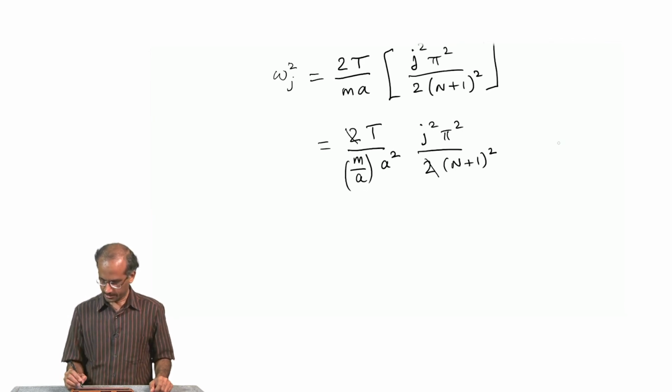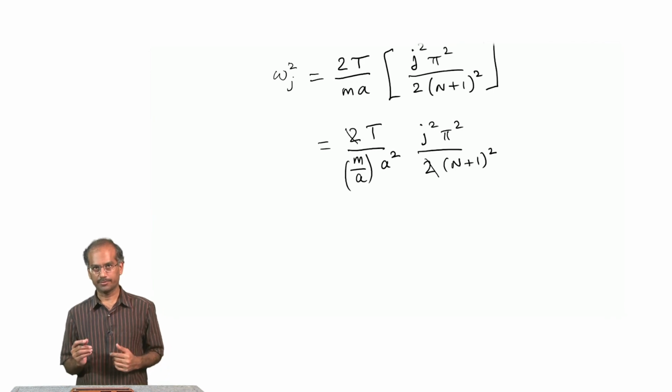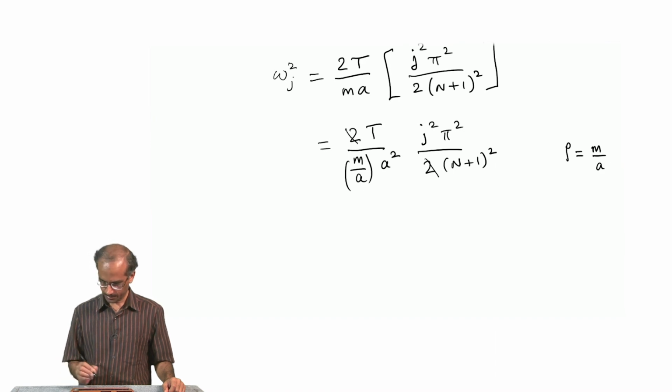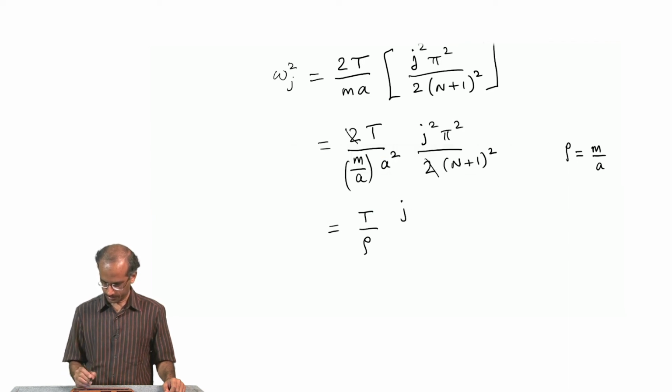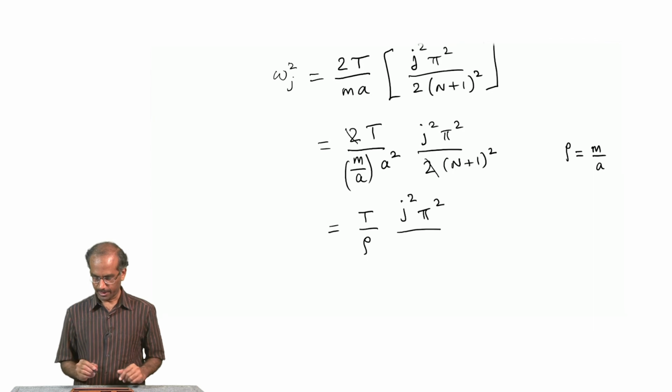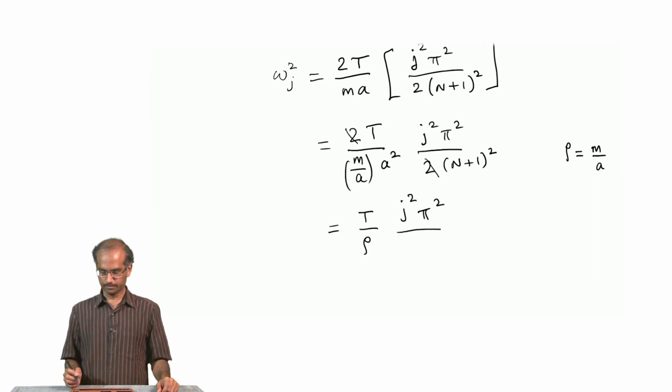Let me designate this m by a, which is mass divided by length, as linear density. Let me replace it by rho. In that case, I am going to have T divided by rho into j square pi square divided by, so I have a square n plus 1 square in the denominator.